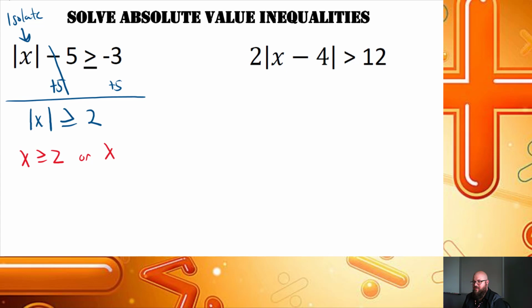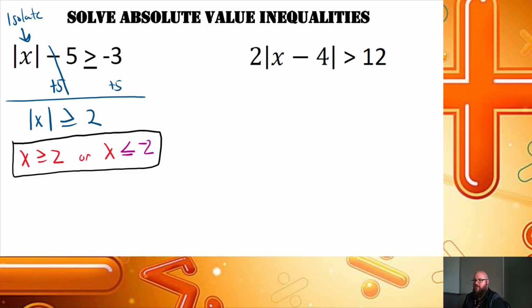Now it's going to go to less than or equal to negative 2. And that is going to be our answer for this one. So again, we had the value of x is greater than or equal to 2, or x is less than or equal to negative 2.